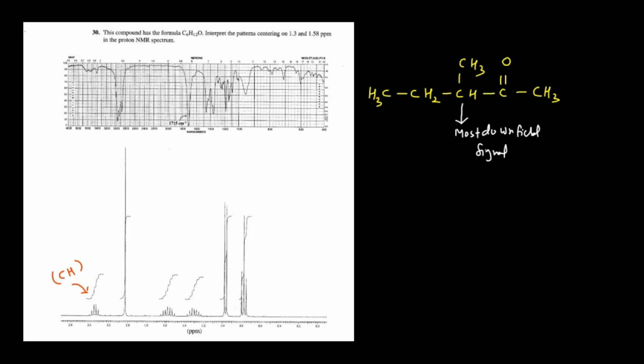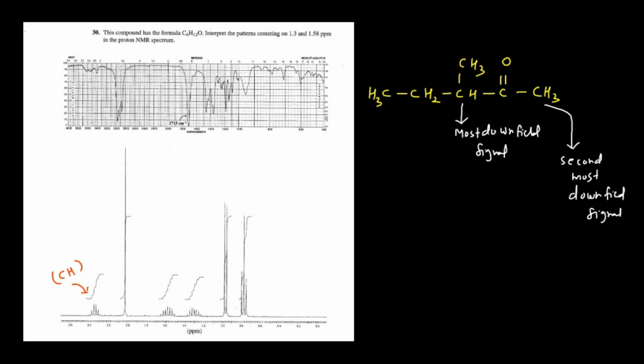And then the next one is this one. This is your second most, not this one, very sorry. Now you can see this particular one is the second most downfield signal. Why? Because this is the alpha carbon and these hydrogens are alpha hydrogens. Similarly, this hydrogen is also an alpha hydrogen.